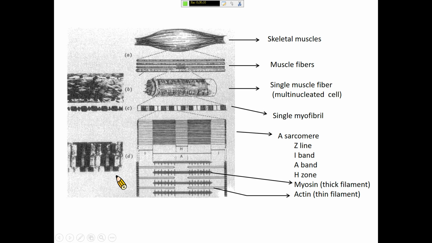This is why skeletal muscle is also called striated muscle. Okay, let me write it down.